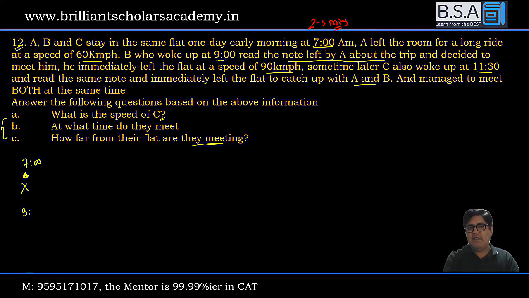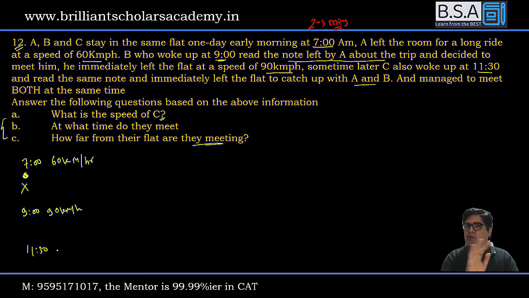The other person is leaving the same spot at 9 a.m. and the last person is leaving it at 11:30. The first person leaves at a speed of 60 kmph. Second one leaves at a speed of 90 kmph.